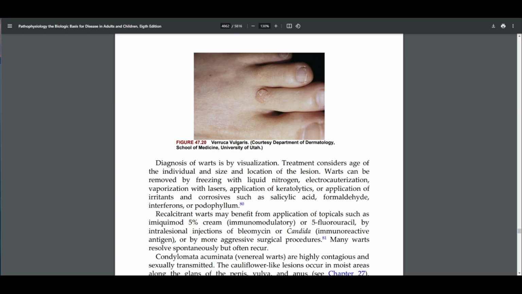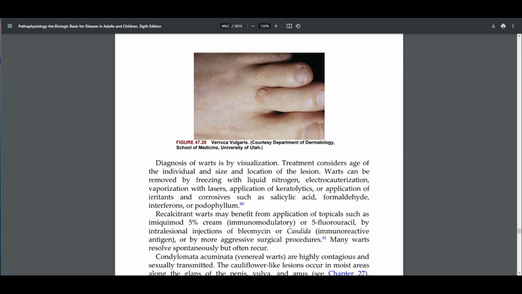The diagnosis of warts is by visualization. Treatment considers the age of the individual and the size and location of the lesion. Warts can be removed by freezing with liquid nitrogen, electrocauterization, vaporization with lasers, application of keratolytics, or application of irritants and corrosives, such as salicylic acid, formaldehyde, interferons, and podophyllum.